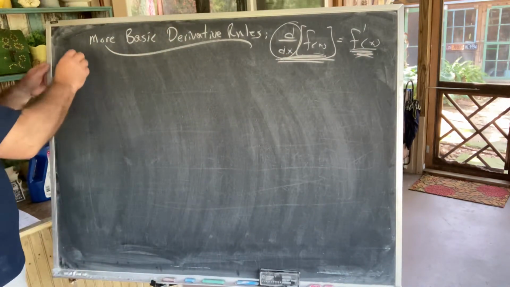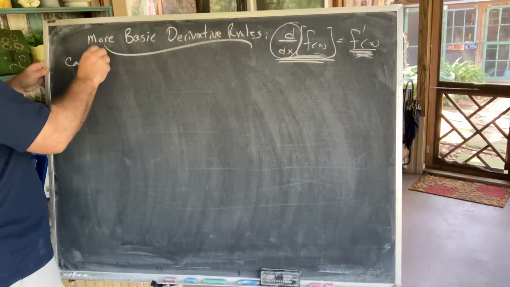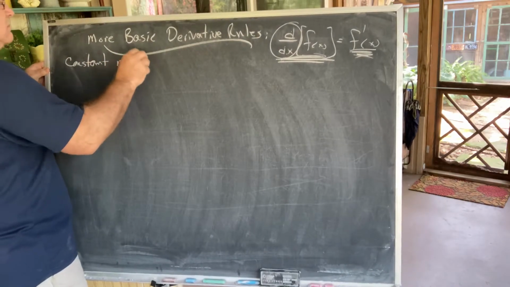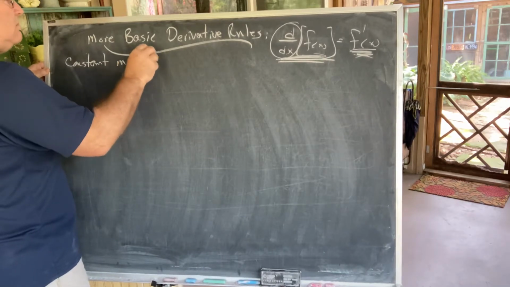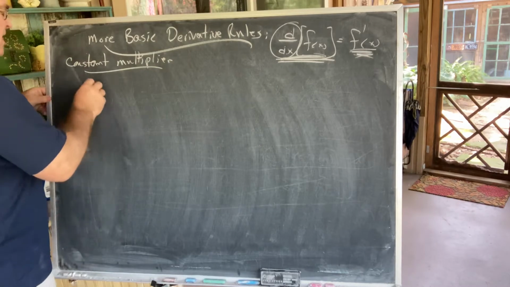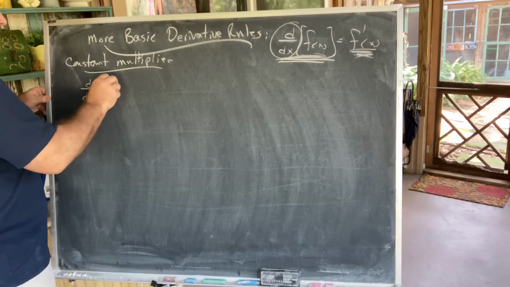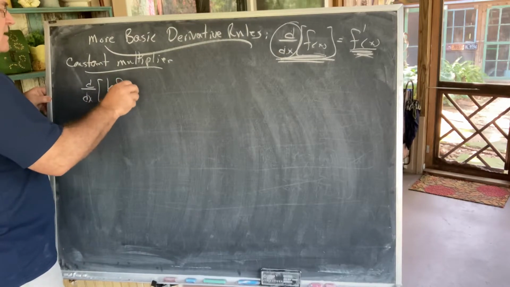And so with that, we have the constant multiple, or as we like to call it, the constant multiplier. The derivative with respect to x of k times the function.